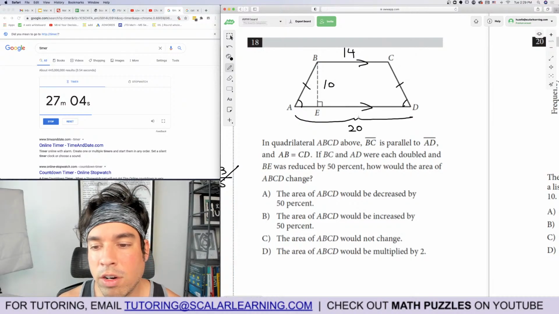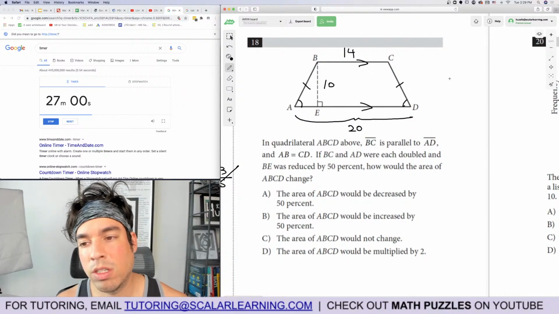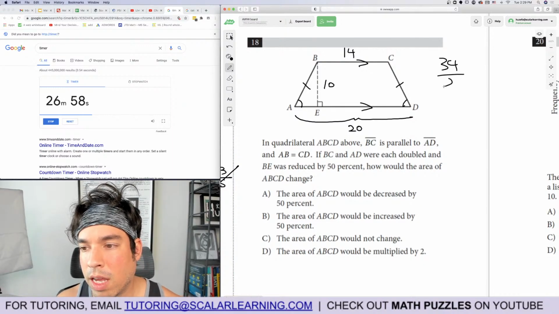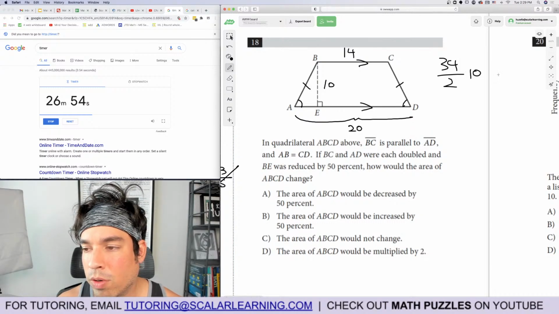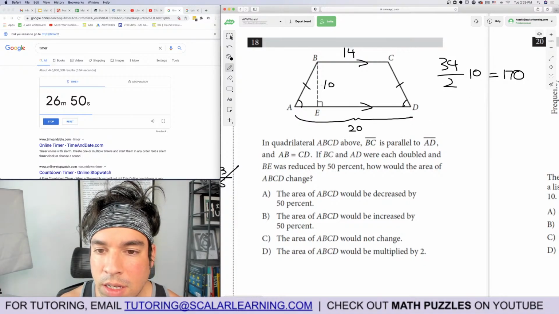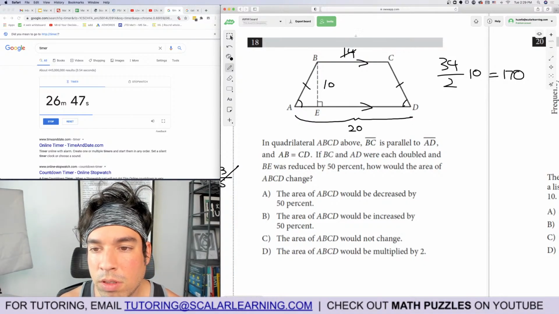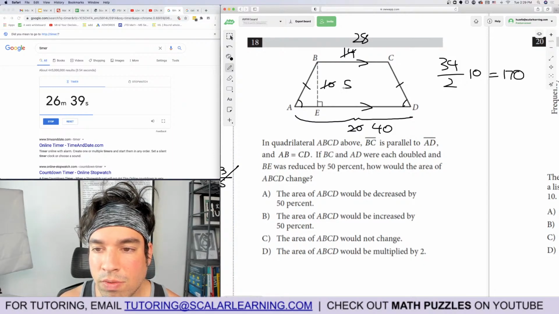So the current area, you add these guys, divide by 2. So 20 plus 14 is 34. Take half of that, or the average, and you multiply it by the height. So it's 170. And then now BC and AD are doubled, and BE was reduced by 50%, so it's 5.